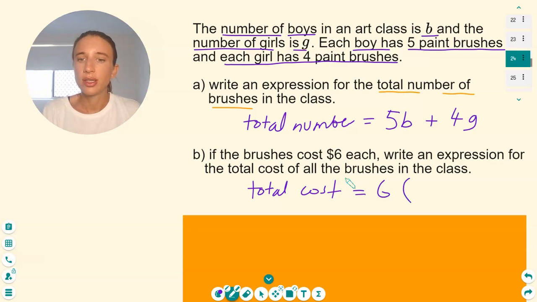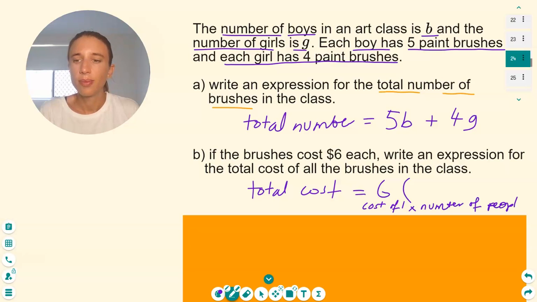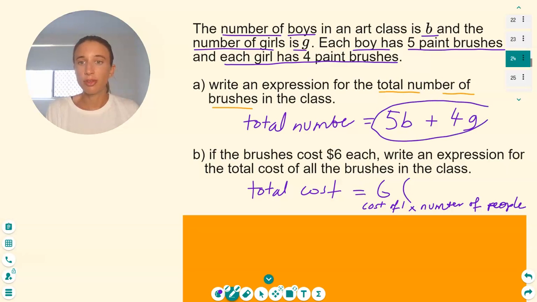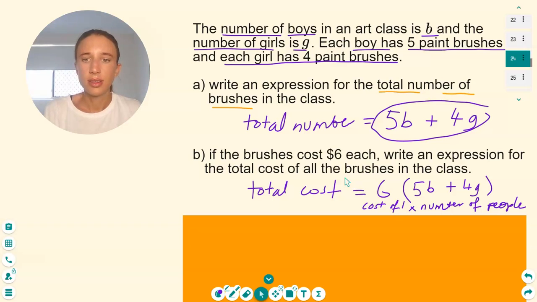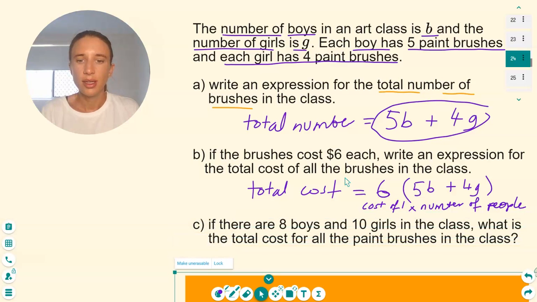And then you're doing cost of 1 times number of brushes. And we actually have an expression for the number of brushes: 5B plus 4G. All right. And let's make sure that that 6 doesn't look like a G.